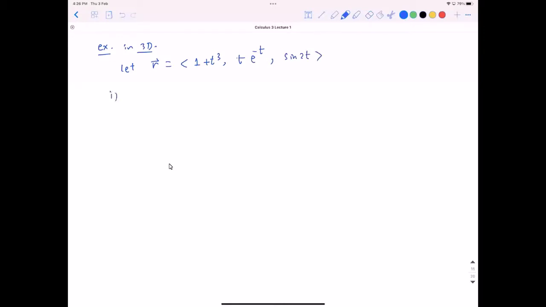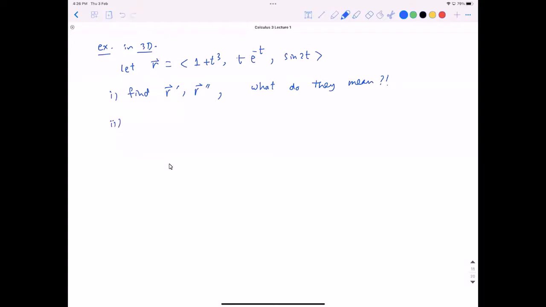The question is: find r prime, r double prime, and what do they mean? Of course, we know even before what the derivatives mean.